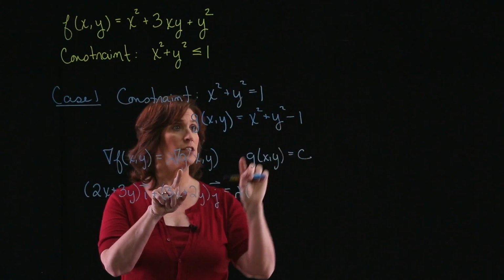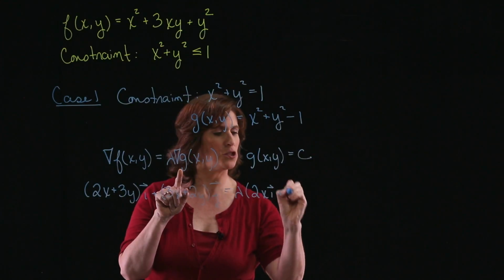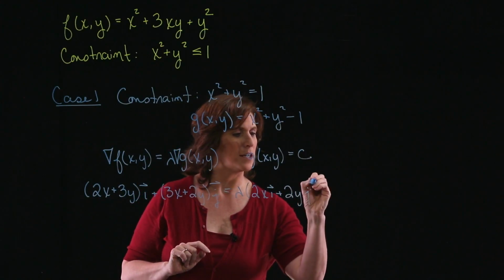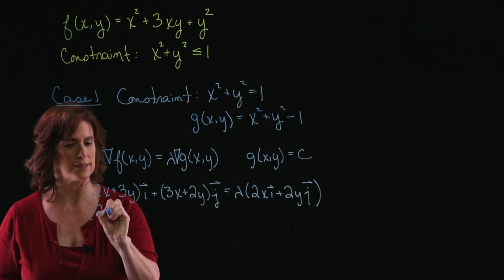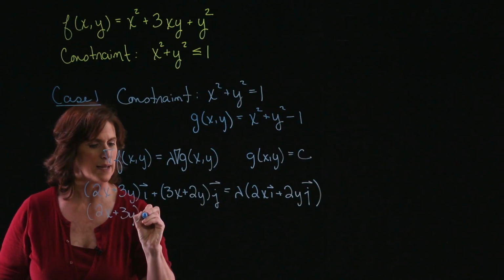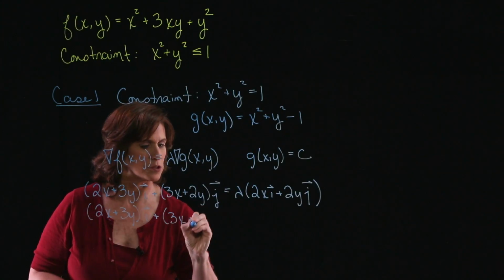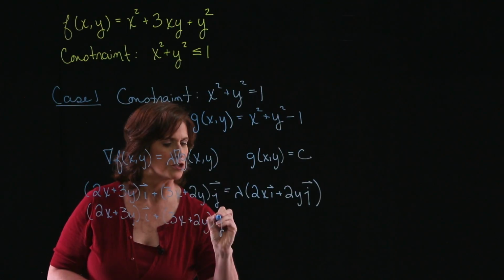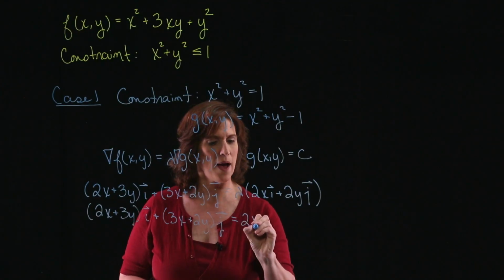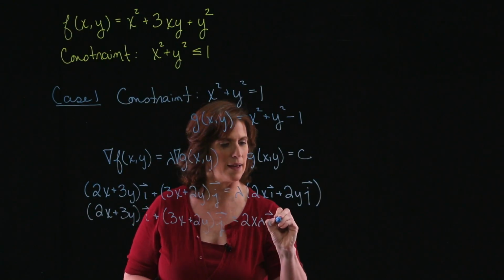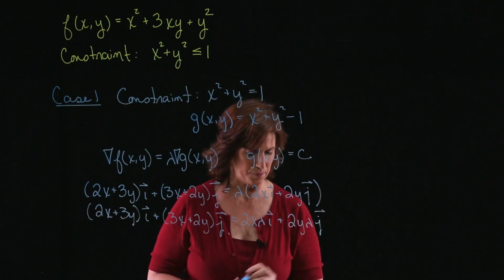So my gradient of g is going to be 2x i + 2y j. This equation turns into (2x + 3y) i + (3x + 2y) j equals 2x lambda i + 2y lambda j.